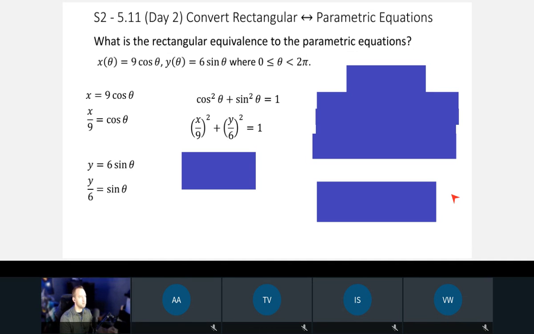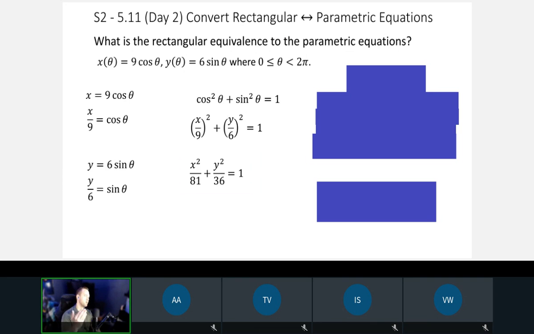So you want to square the numerator and denominator for both terms. And I think that's what all of you are pointing to with giving the answer. You want to square the numerator and denominator of both. X squared is x squared, 9 squared is 81, y squared is y squared, 6 squared is 36.